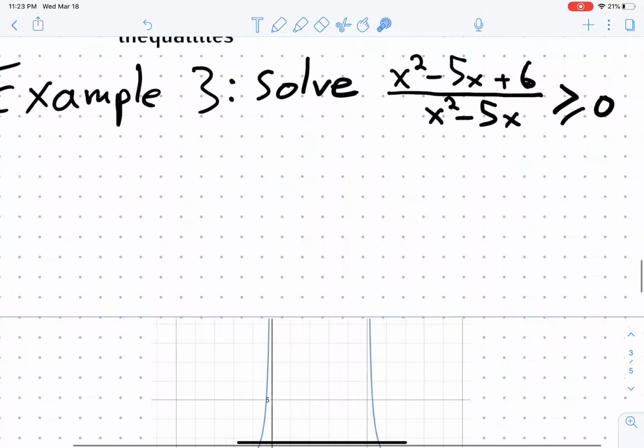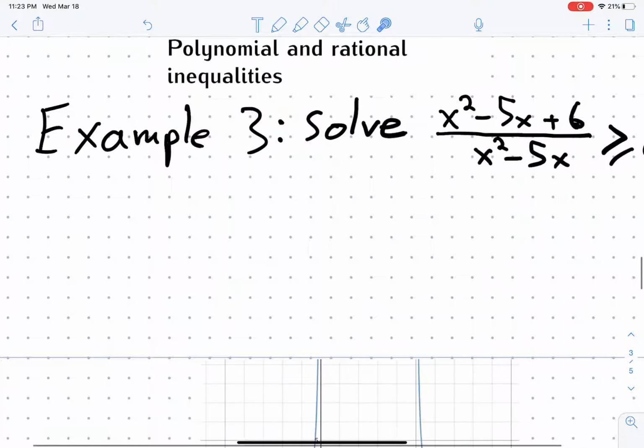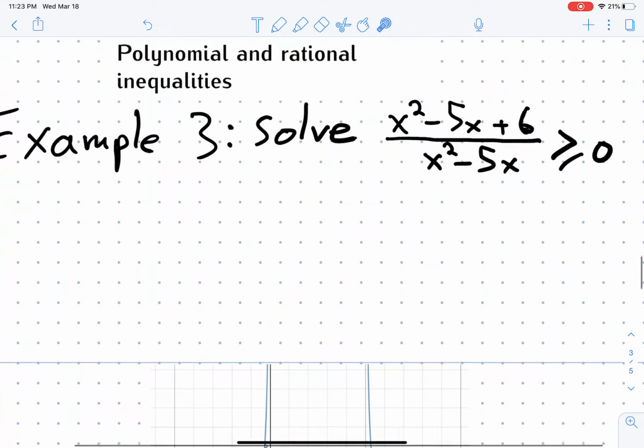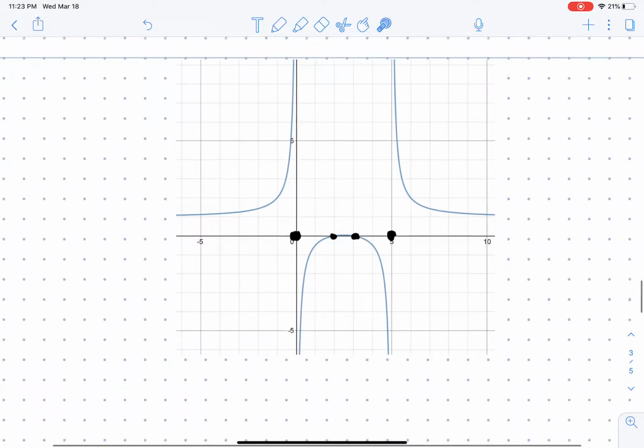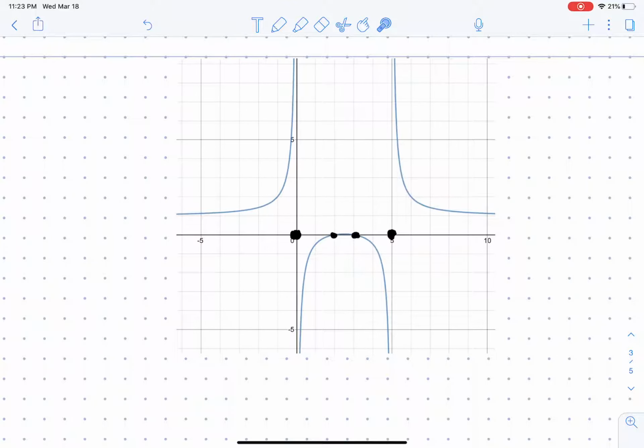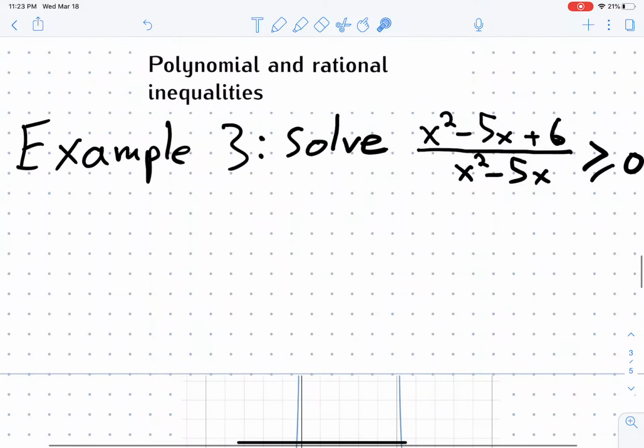Okay, so here's what we're going to do. We need to find first these 4 places. And to find those 4 places, that now takes 2 steps instead of 1. So the way that we're going to do it is we're going to say step 1. We're going to find the places where it's equal to 0.